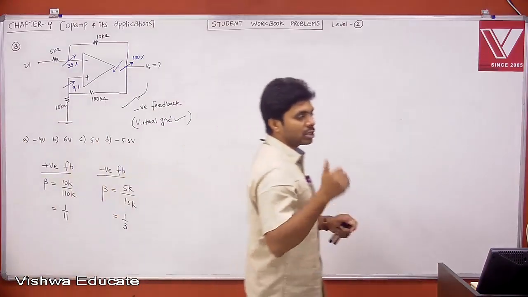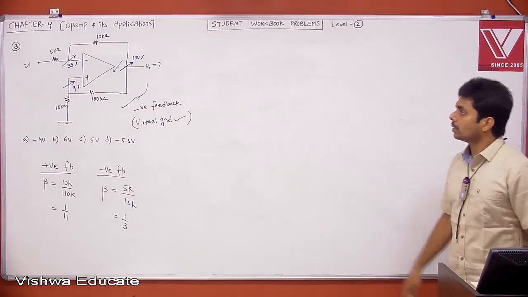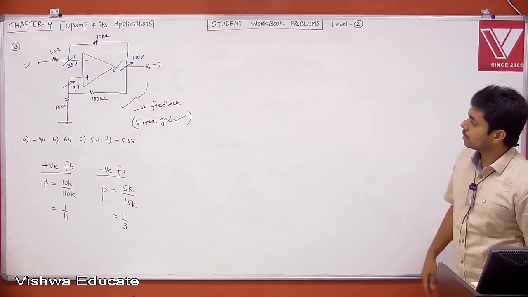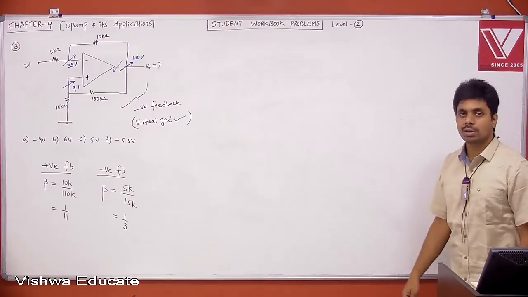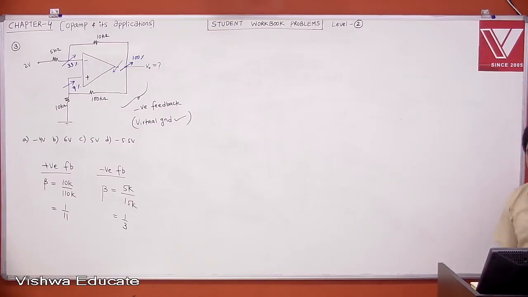Okay. Don't disturb the original circuit. You draw it and then open it and then try to represent. Then say that it is negative feedback. Virtual ground concept is valid. Then apply nodal analysis. You'll get the answer.